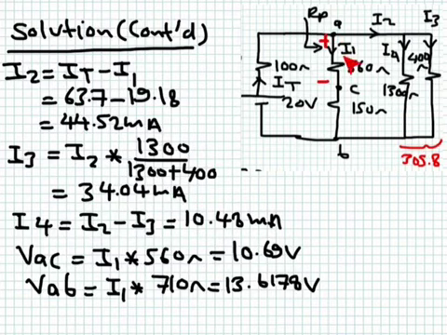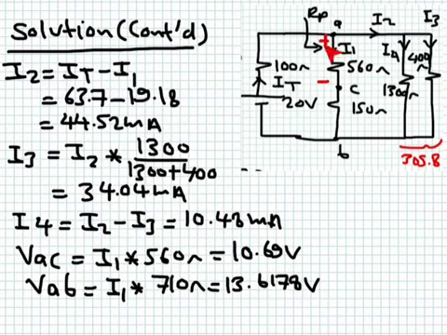So VAC is the voltage across the 560 ohm, so it's I1 multiplying 560 ohm. I1, which we calculated earlier, I believe was 19.18. So 19.18 multiplied by 560 ohm, you get 10.69 volts.